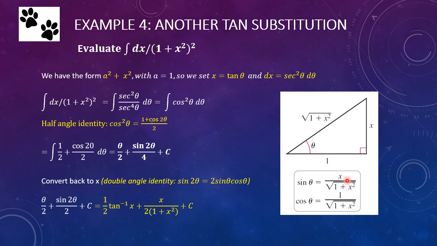So we get x over 2 times 1 plus x squared. All right. Plus c. So you can see here sometimes these identities are going to be a little more involved than we thought.